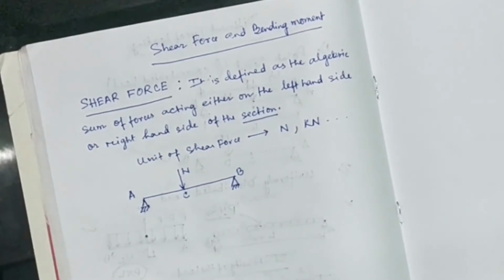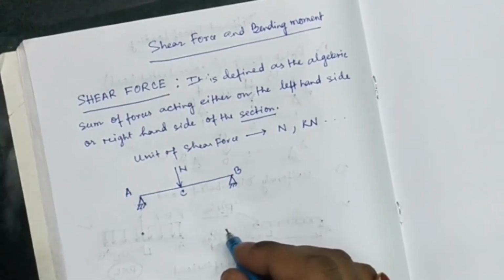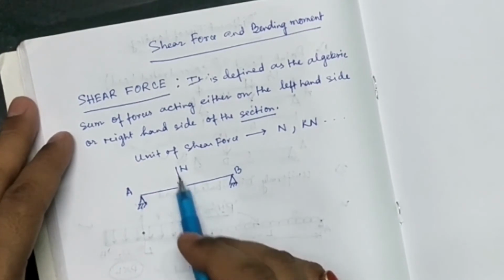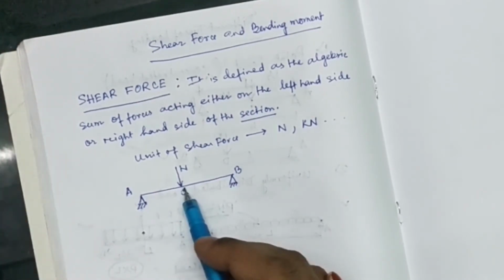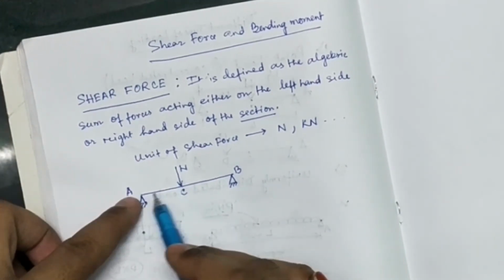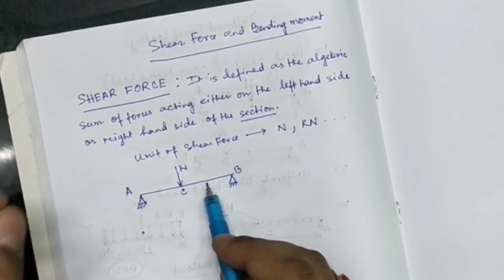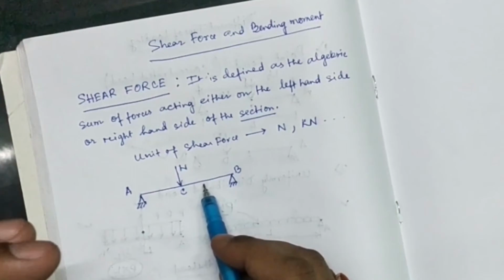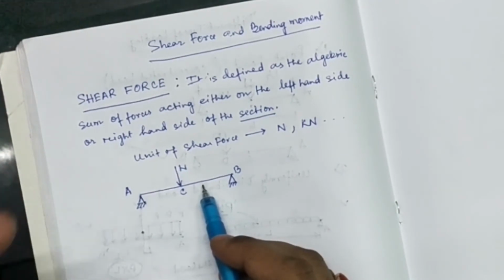Now you have to understand that when a force is acting on a beam, there may be two conditions applicable. The first condition is that the beam will break due to the action of the force, and that breaking will be due to the shearing action of the force that we have applied externally.